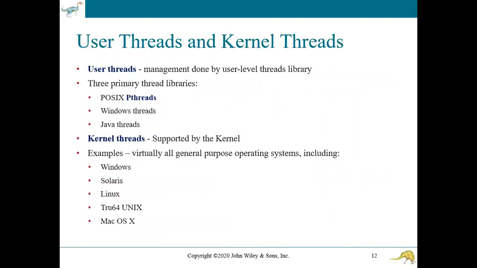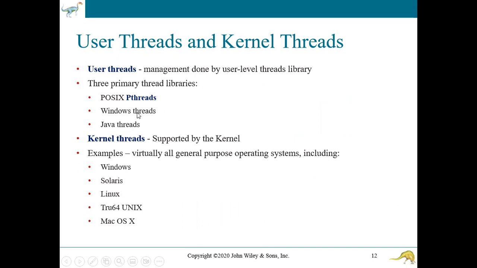Now, user threads management and kernel threads management. Kernel threads are supported by the kernel, while user threads are managed by a user thread library. There are three primary libraries: POSIX Pthreads, Windows threads, and Java threads.